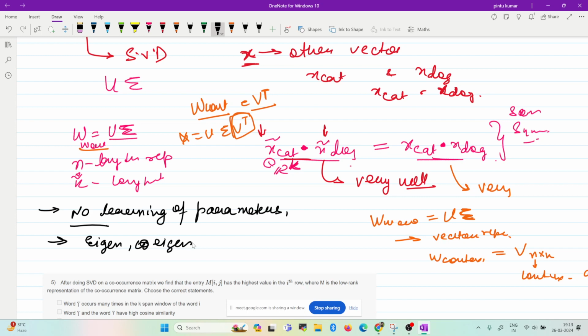So you don't have any intermediate vector representation. For example, if you learned using some neural network algorithm, then at every step you will have some representation that you can use. But in these SVD based methods, you don't have intermediate representations, so you will have to do all the computations to reach your vector representation. So computationally it is also expensive.